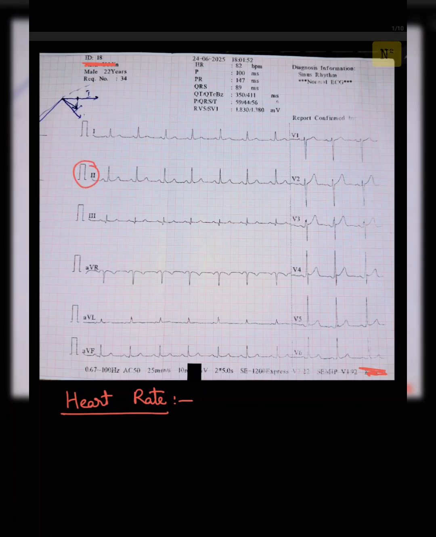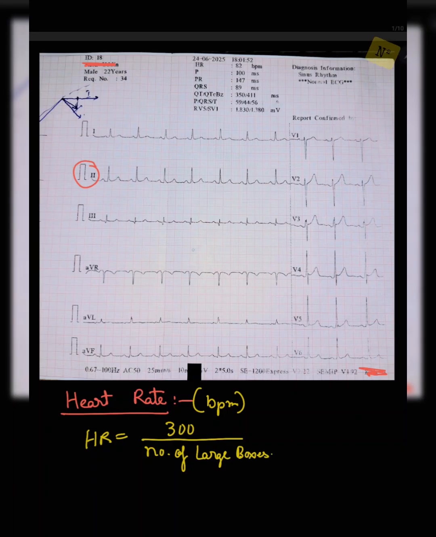There are two formulas for checking the heart rate from a regular ECG recording. The heart rate is calculated in beats per minute. If you are using the larger boxes, the formula is 300 divided by the number of large boxes.